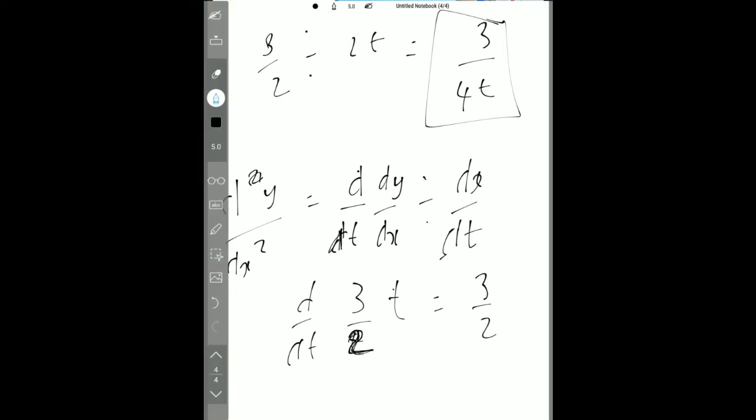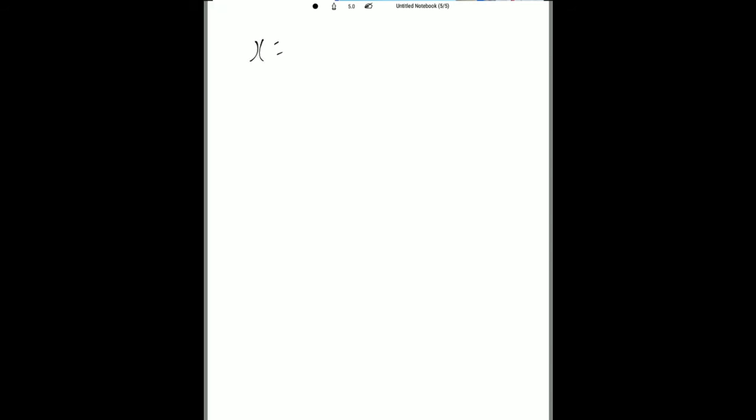So let's look at one final example of finding the second derivative of a parametric equation. Let's say that x is equal to the sine of 4t, and y is equal to 2 times the cos of 4t minus 1. So let's find dx by dt.